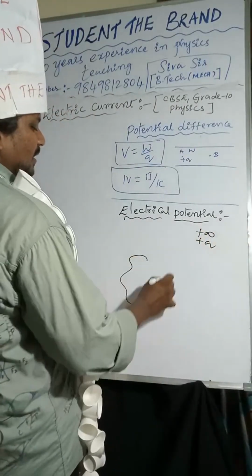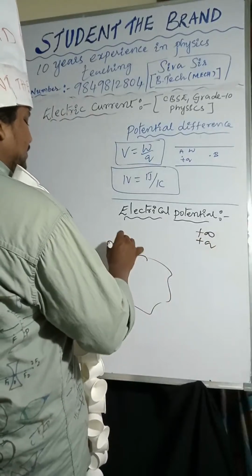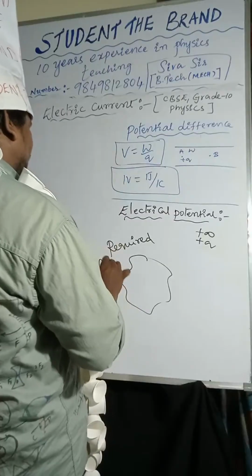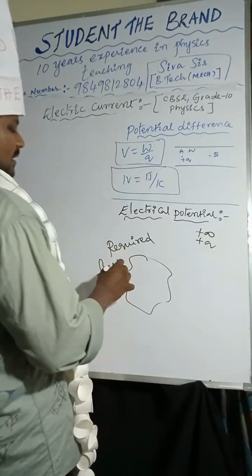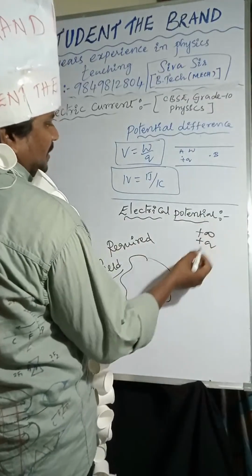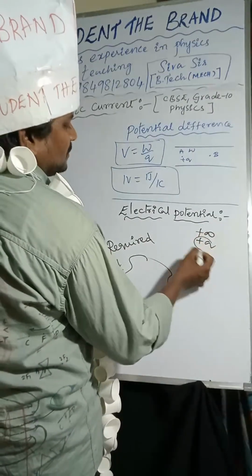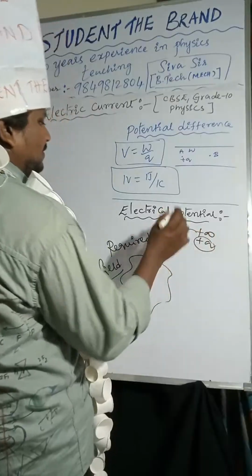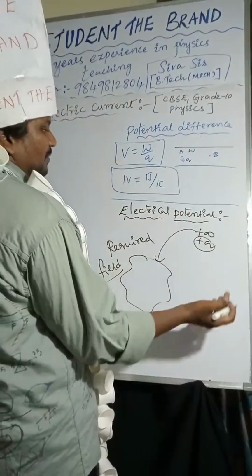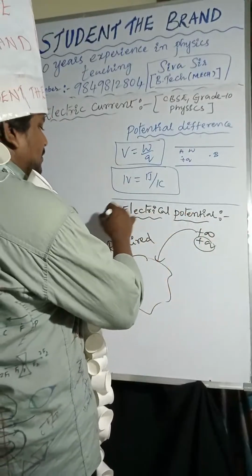This is the required field. We are doing some work to bring the unit positive charge from infinity to the required field, and that is called electrical potential.